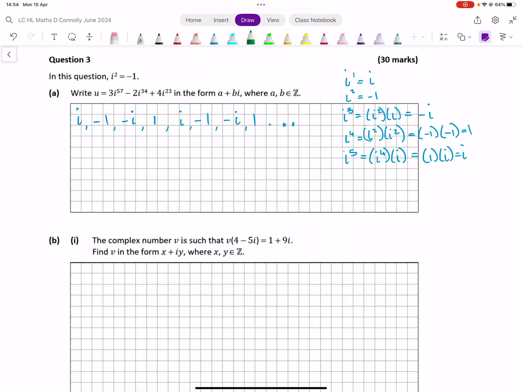So this is when the power is 1, this is when the power is 2, power 3, power 4, power 5, power 6, power 7, power 8, etc. So we're doing factors of 4. How many times is 4 going into 57? 14 times. So we're trying to figure out i to the 57 here.